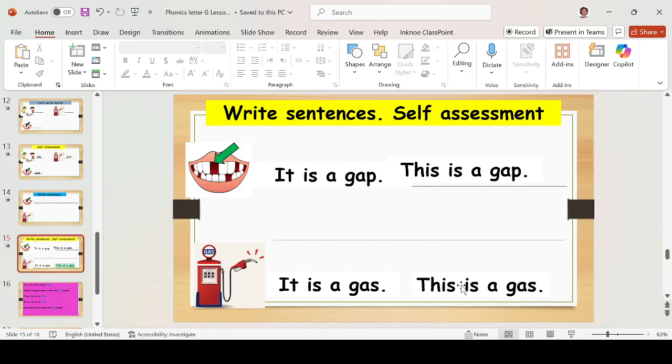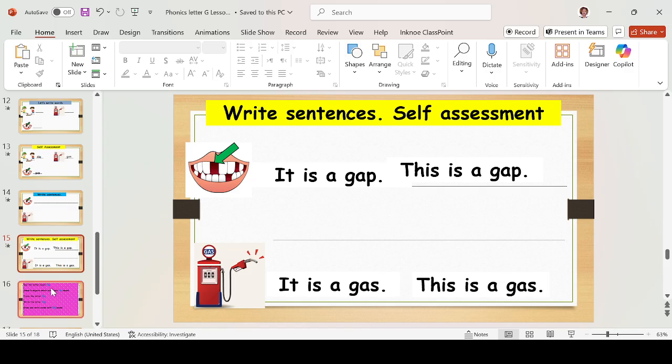Okay, good. Then the last sentence, this is a gas. Capital T, finger space, and your full stop. This is a gas. Did you write like that? Very good, very good. But if you made a mistake, don't worry. Pause the video and do your corrections.